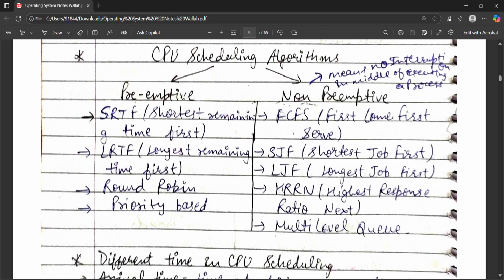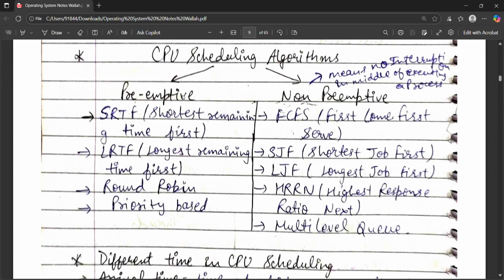If p1 is running and a p2 process comes which has a higher priority than p1, then in a non-preemptive algorithm this will not happen: p1 will not be stopped without completing its execution so that p2 can start. This happens in the case of preemptive, where we are preempting.